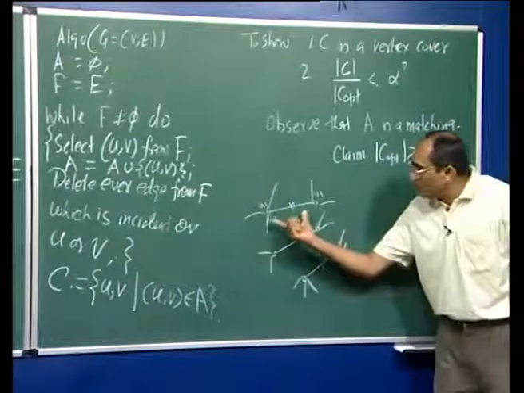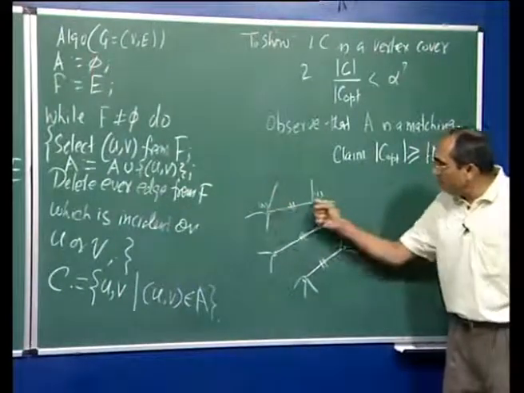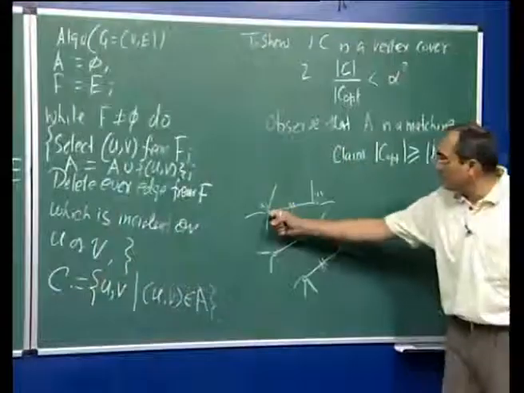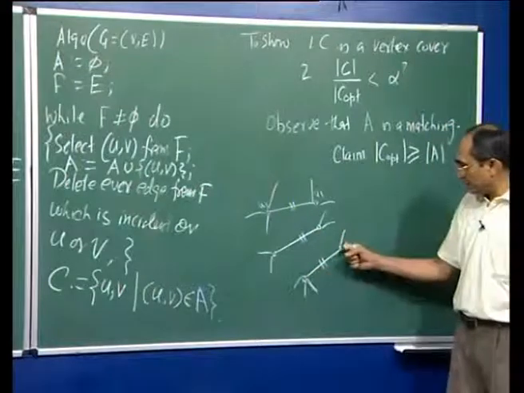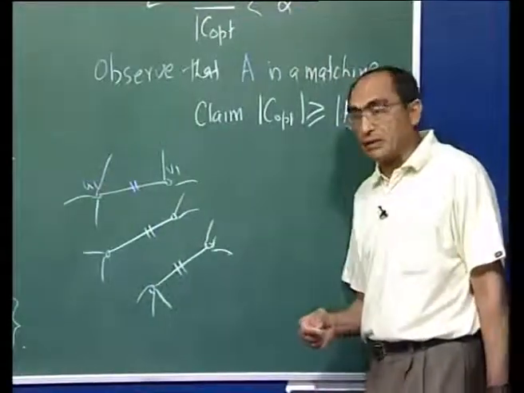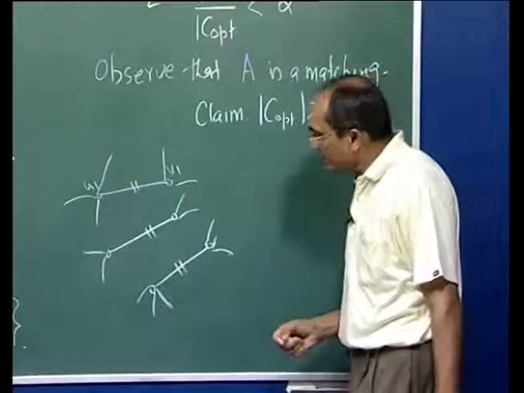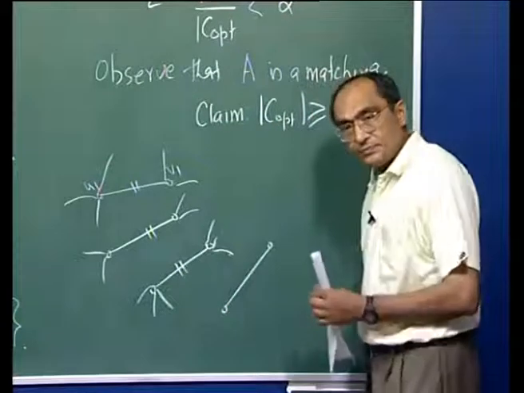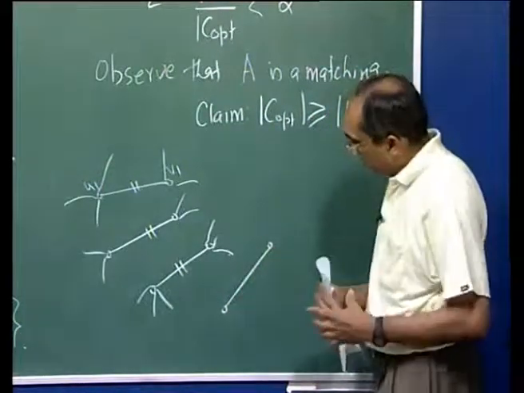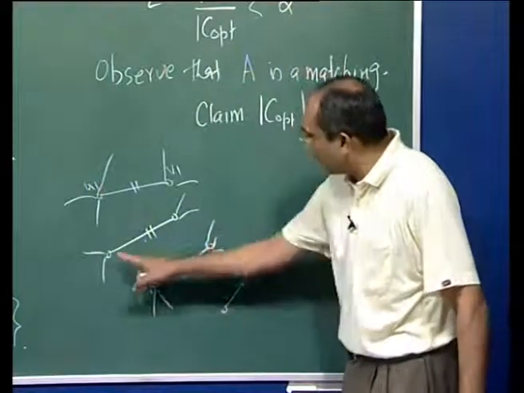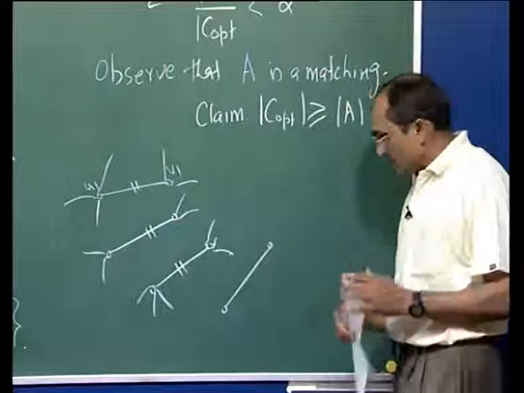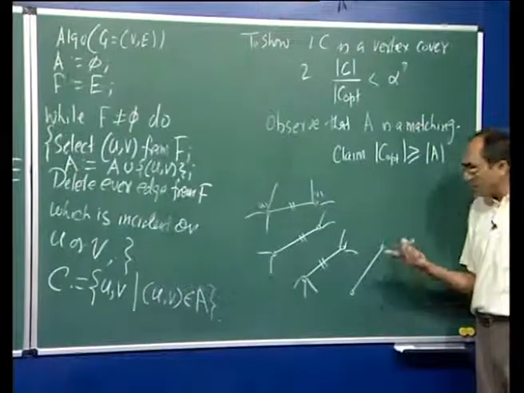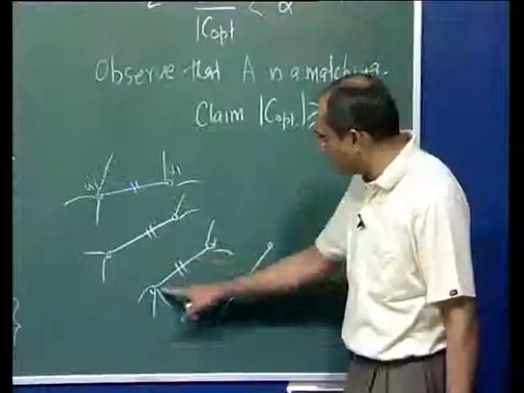Now, why does what we have put in C, the cover that we have computed, which contains both of these vertices, form a vertex cover? The answer is simple. Suppose there is an edge which is not incident upon any of these vertices. Such an edge will remain in F, it will not be deleted, because all you delete is only the edges incident upon the end vertices of the picked edge.